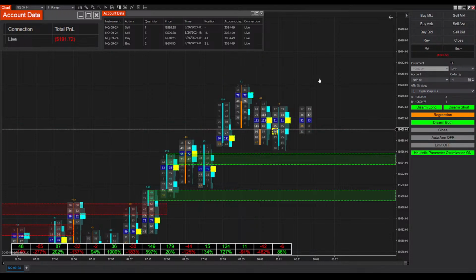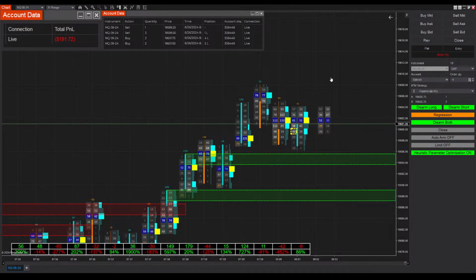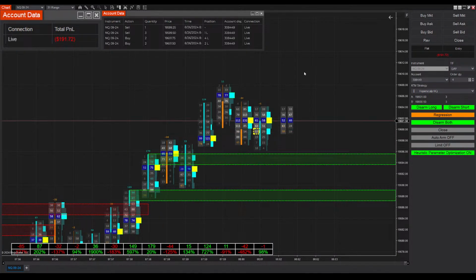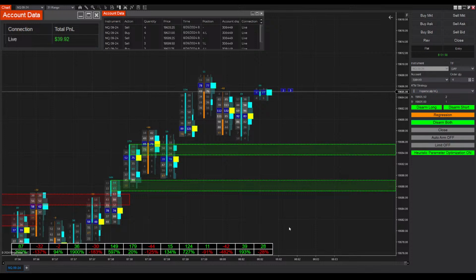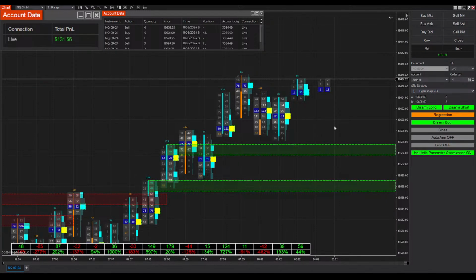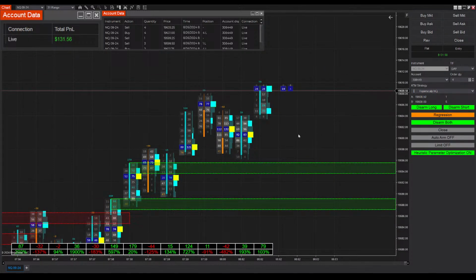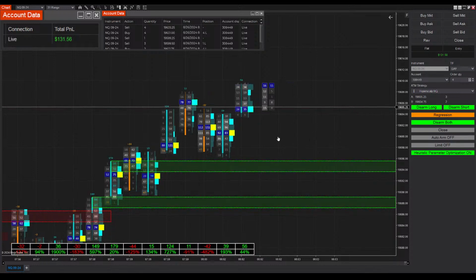There we go. Just got put into a long position here. Ended up winning that one pretty quickly, up to $131 in profit, so we're out of the red.